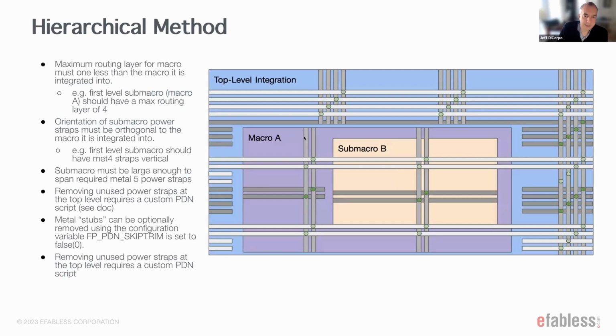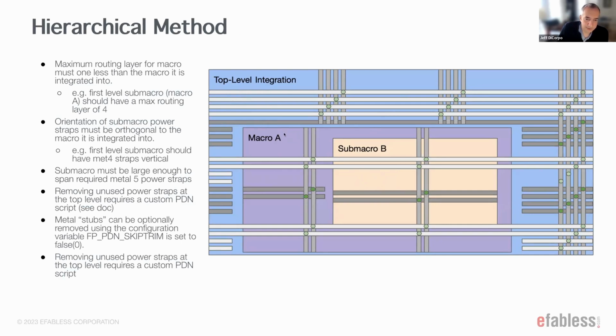So in the hierarchical method, in terms of power connectivity, you're connecting power through a grid of rails at each level of your design. So from your top level to your first level macros to macros that are contained inside of that.